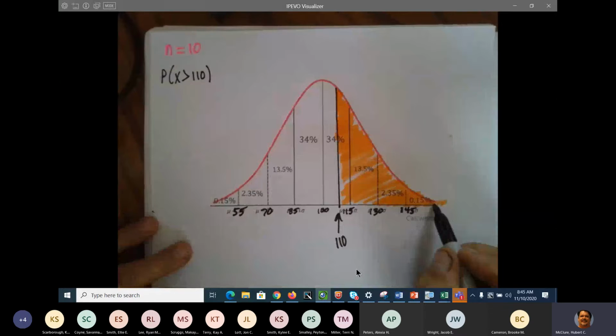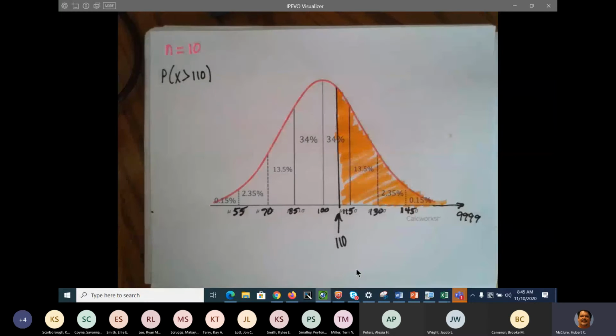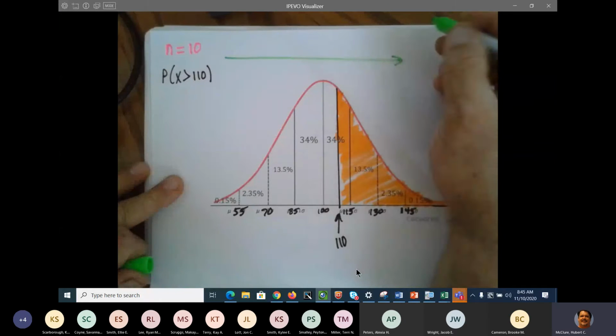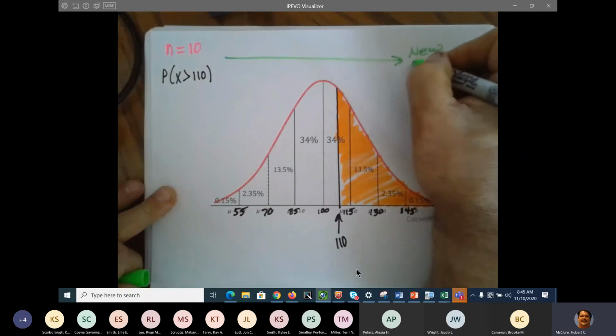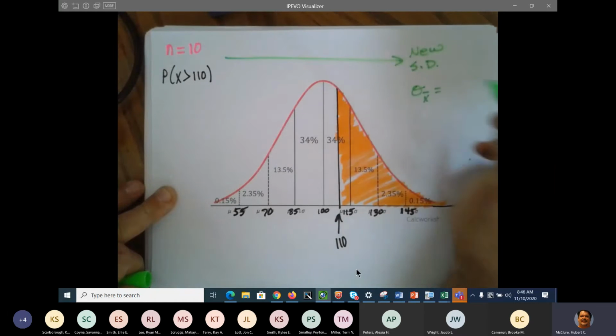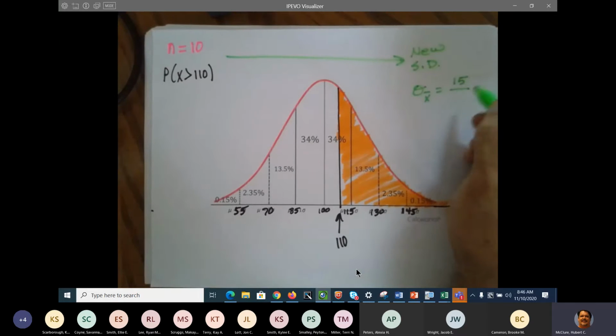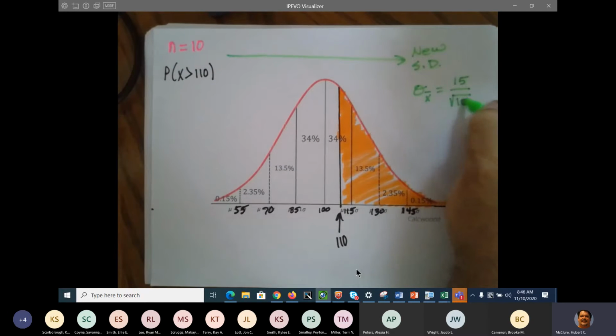And that's going to be 9999. So if you've got a new calculator, you've got everything there except your new standard deviation. I'm going to take my green marker and draw a line over here: new standard deviation, which would be sigma x-bar, is equal to what? Well, the old standard deviation is 15 over the square root of 10.